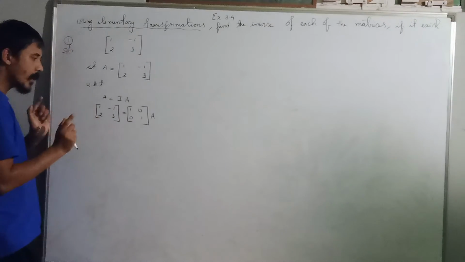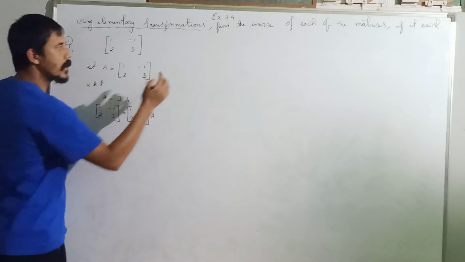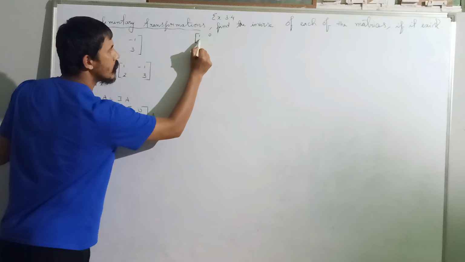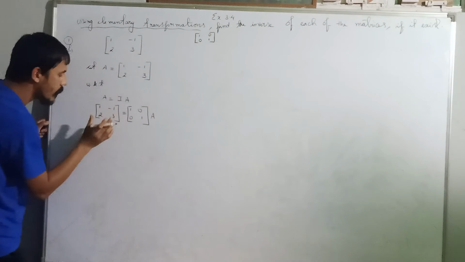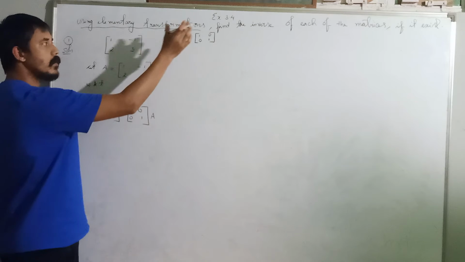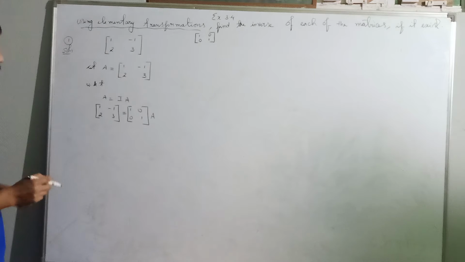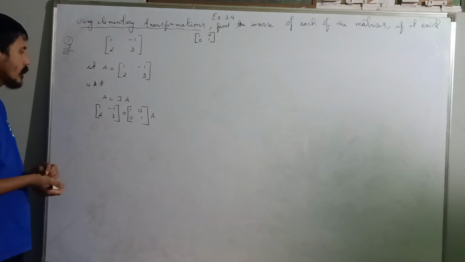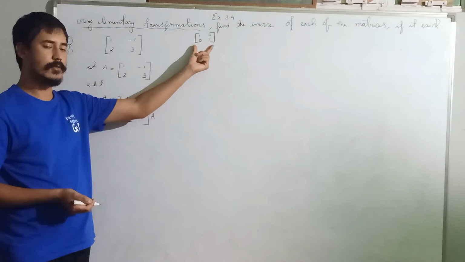Now our main aim is to convert this particular matrix to identity matrix. Your identity matrix is 1, 0, 0, 1. But it cannot be done at one time. A certain number of steps has to be followed in order to convert this matrix to identity matrix.